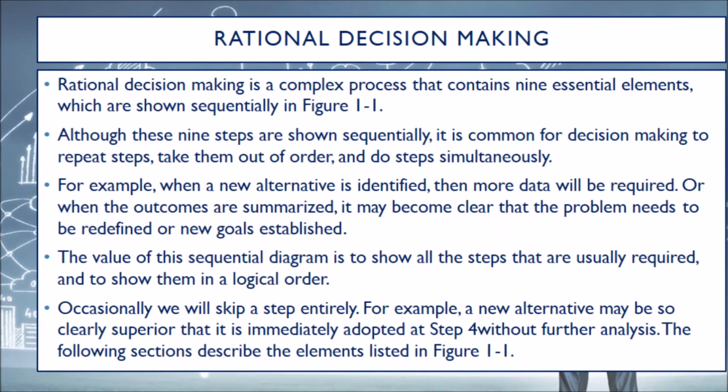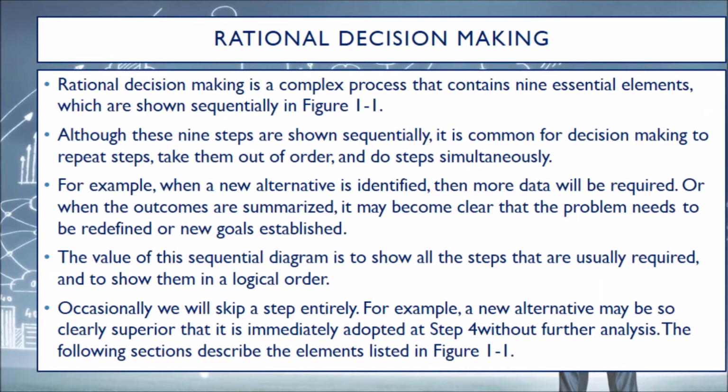For example, when a new alternative is identified, then more data will be required. Or when the outcomes are summarized, it may become clear that a problem needs to be redefined or new goals established. The value of this sequential diagram is to show all the steps that are usually required and to show them in a logical order.